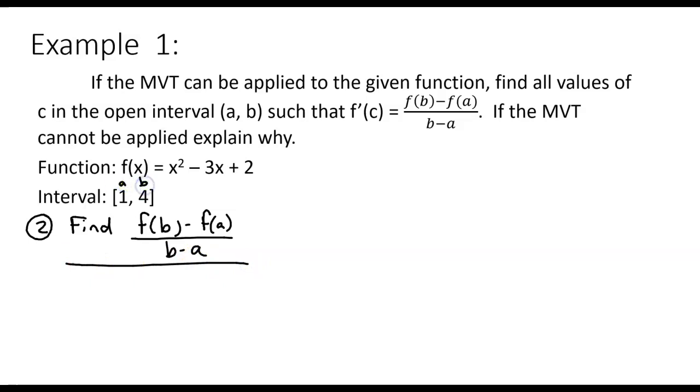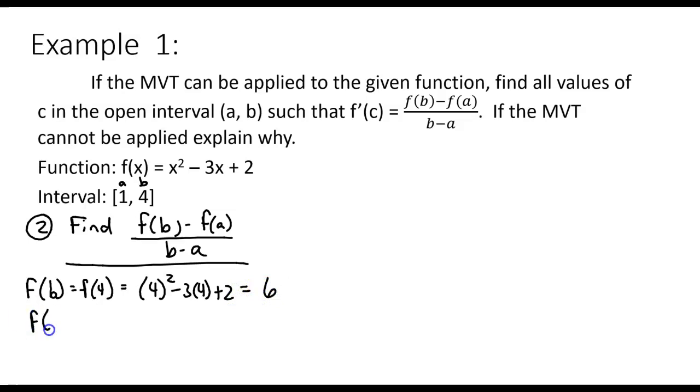My a and b are 1 and 4. So I need to start by figuring out what is f of b. F of b in this case is going to be f of 4. And that just means I'm going to plug 4 into my function up there. 16 minus 12 is 4 plus 2 is 6. So there's f of b.